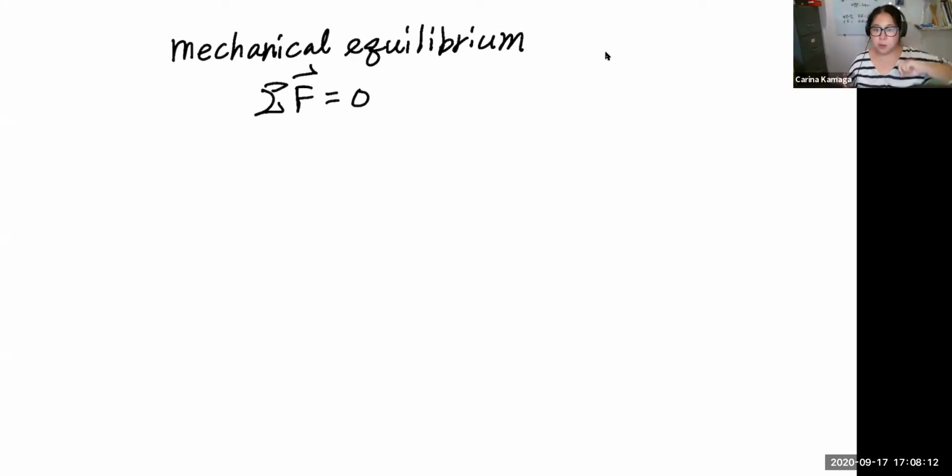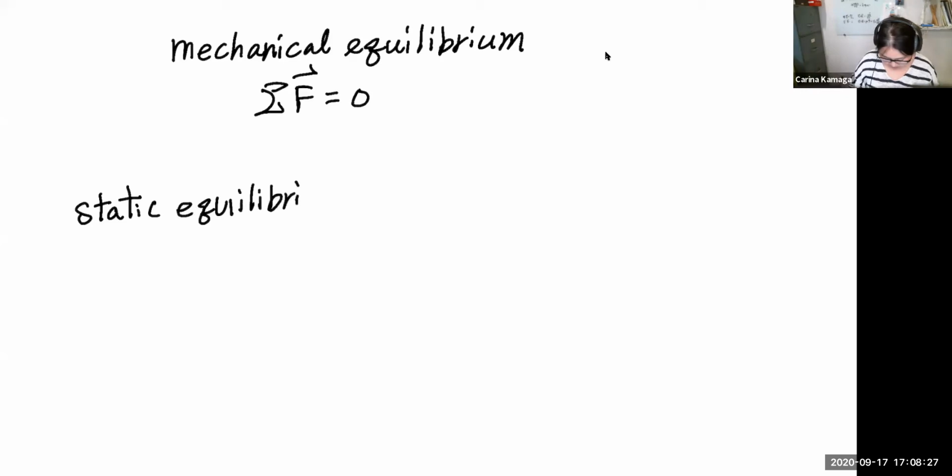And there are two kinds of equilibrium. One is called static equilibrium. The other is called dynamic.